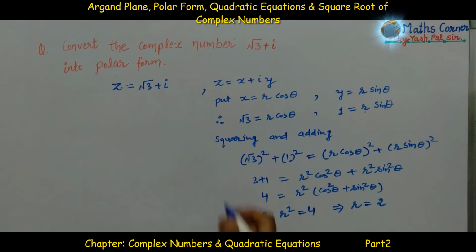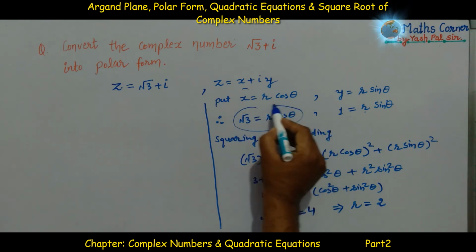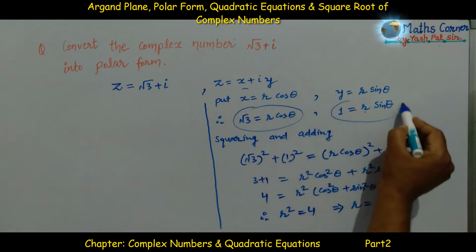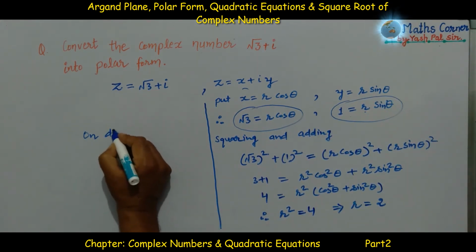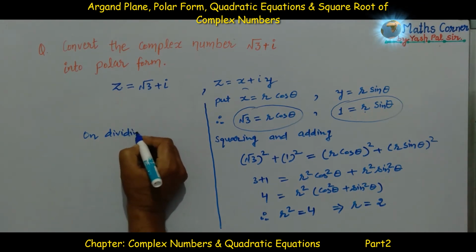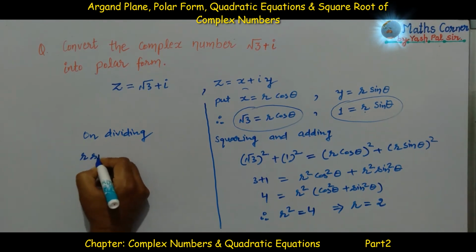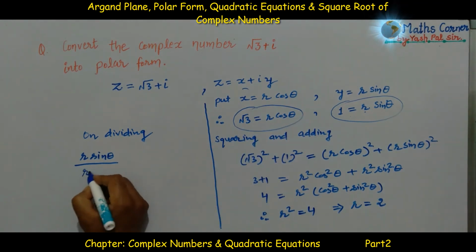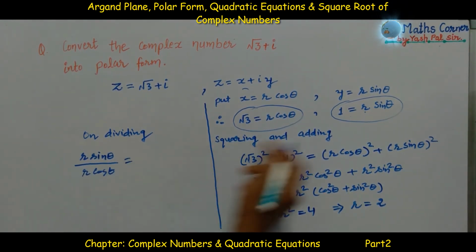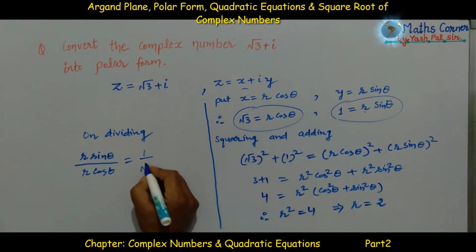Now what to do? From these two equations, number 1 and number 2, on dividing, that is r sin theta divided by r cos theta, right side, then left side is 1 divided by square root of 3.